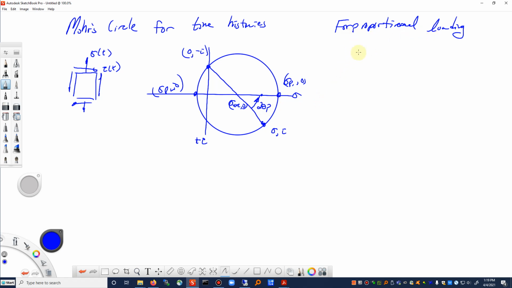So for proportional loading, the principal angle in the material, theta p, remains the same.